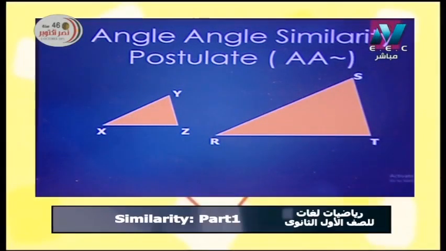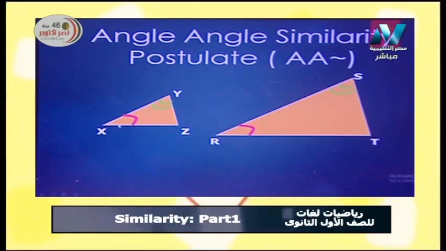We have a postulate: AA similarity, which means angle similarity. Look here carefully. You will find measure angle X equals measure angle R. Look at the sign, the red one. Look carefully: measure angle Y equals measure angle S.